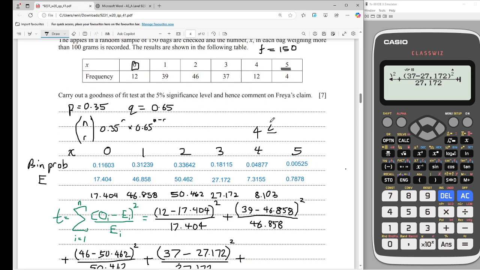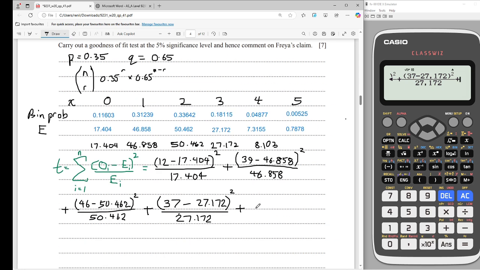Okay, so it becomes 4 and greater, or like 4 to 5. It wouldn't matter what heading you use, given that you've merged the two columns. Now we have to merge the two observed frequencies. So 12 plus 4 equals 16, and therefore our observed frequency is 16.